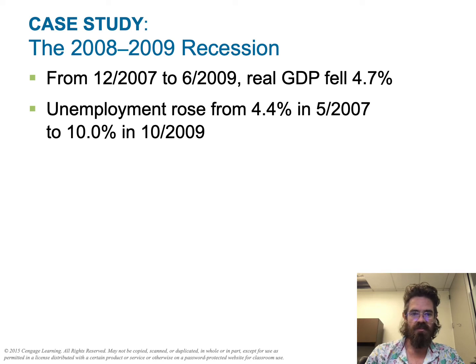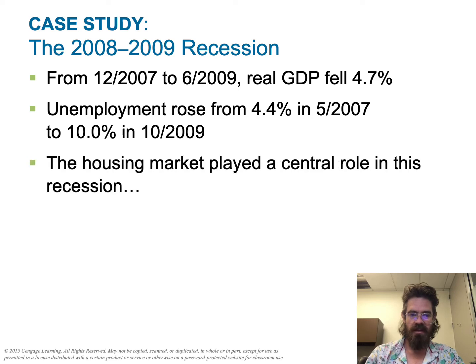Unemployment rose from 4.4% in May of 2007 to as high as 10% in September of 2009. And the housing market was playing a central role in this recession. It was mainly caused by problems in the housing market, and then that sort of precipitated other economic shocks.